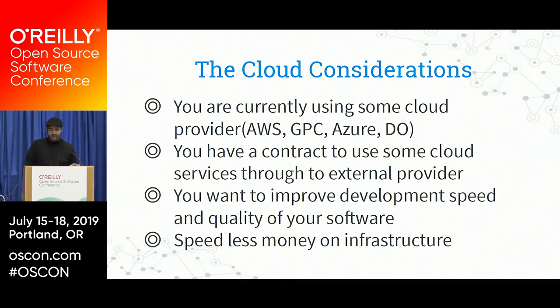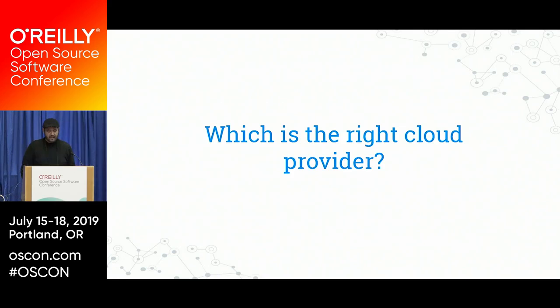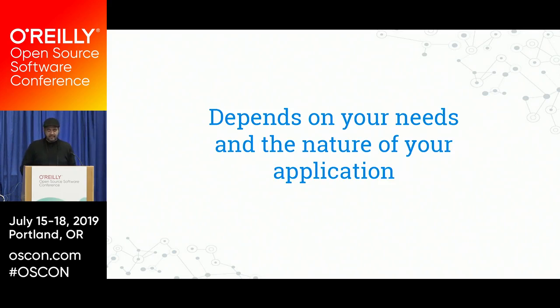Another consideration is the way to improve the speed of development and the quality of your software, and of course, to spend less money on your infrastructure. That's the important thing for a lot of corporations. So, which is the right cloud provider? It depends on your needs and the nature of your application.